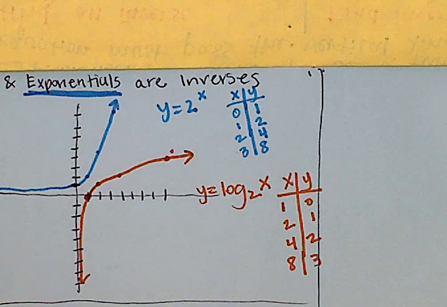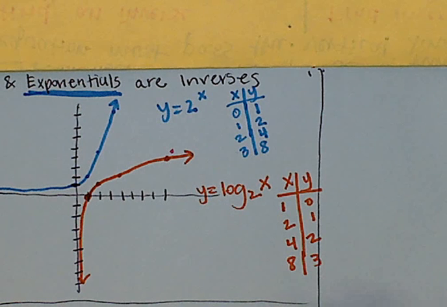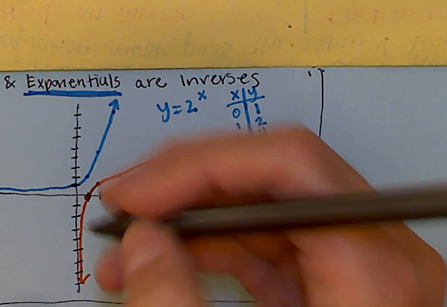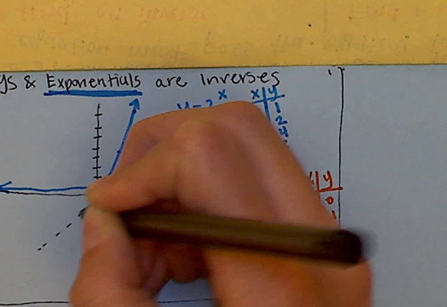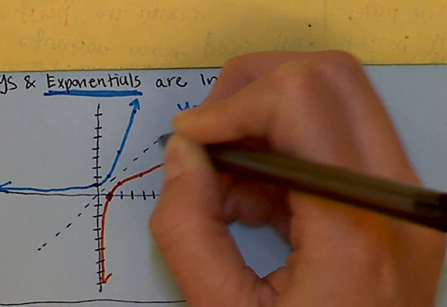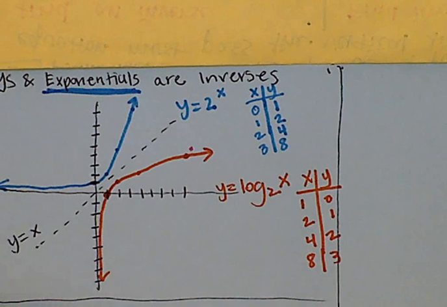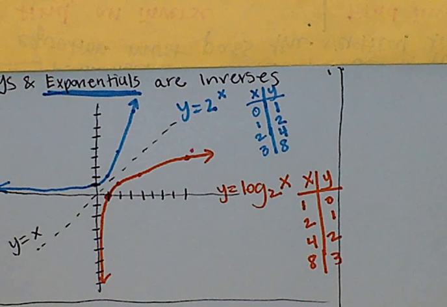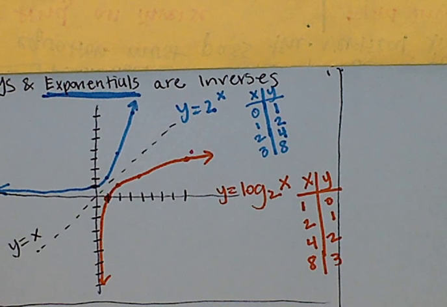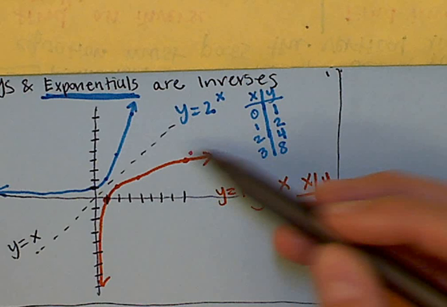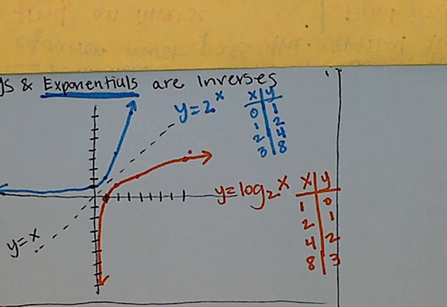Looking at these two graphs, it's easy to see that they're inverses, because they're a reflection of each other over this line that's y equals x, the line of symmetry. So there's graphing a log. This is what the log looks like graphed, the inverse of an exponential.